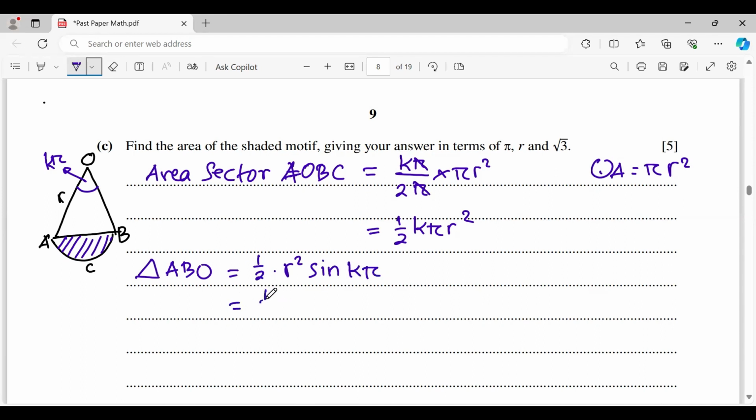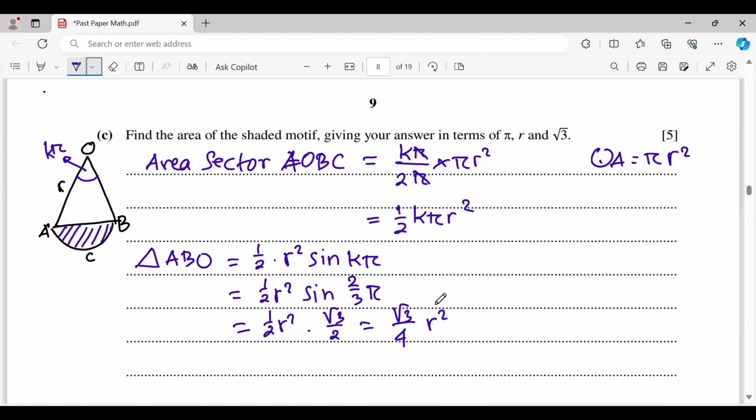It is half r squared sine 2/3 pi because k equals 2/3. Sine 2/3 pi with calculator is square root 3 over 2. So it becomes square root 3 over 4 r squared. This is the area of the triangle.